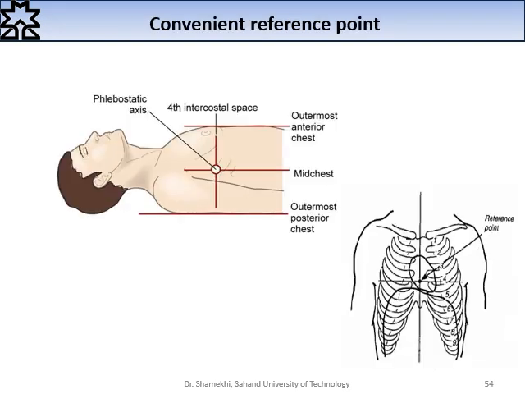In this slide, you can see a convenient reference point or level of the heart in some anatomically well-known locations, and we should consider this point as the reference point for our heart level and pressure reference point.